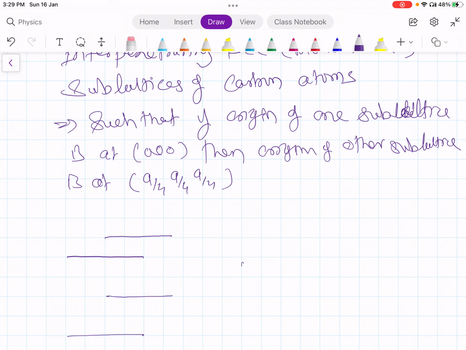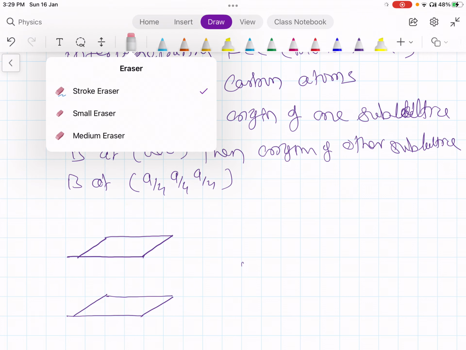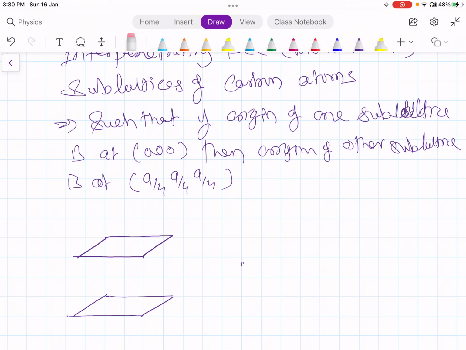It is cubic, and this is an FCC monoatomic sublattice.